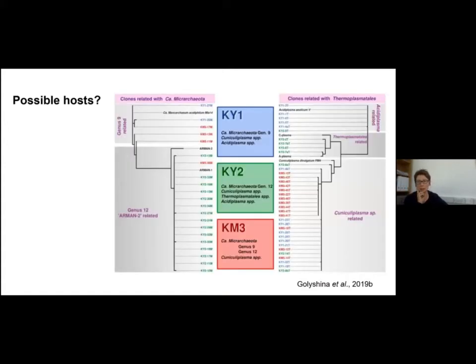Another study, which is related to geothermal environments, revealed that in enrichment culture, Micrarchaeota could coexist with Cuniculiplasma and Acidiplasma, and also there could be certain association of different types of Micrarchaeota with Cuniculiplasma.